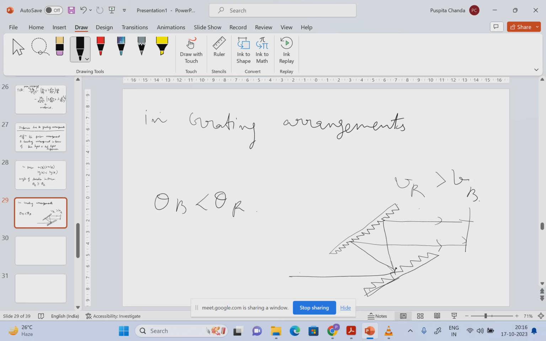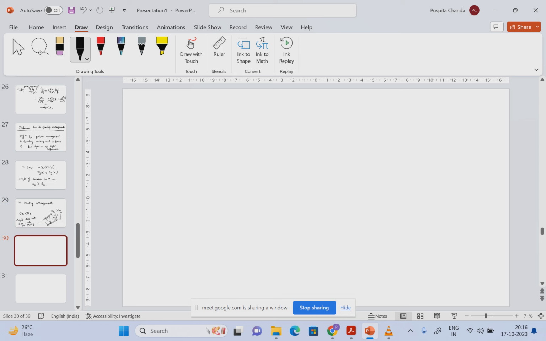This is blue, this is red. The light does not enter inside the grating. So, in a grating, only dispersion occurs.